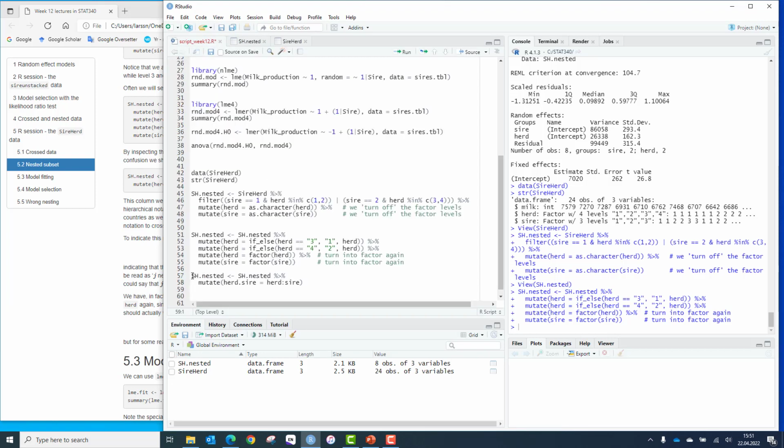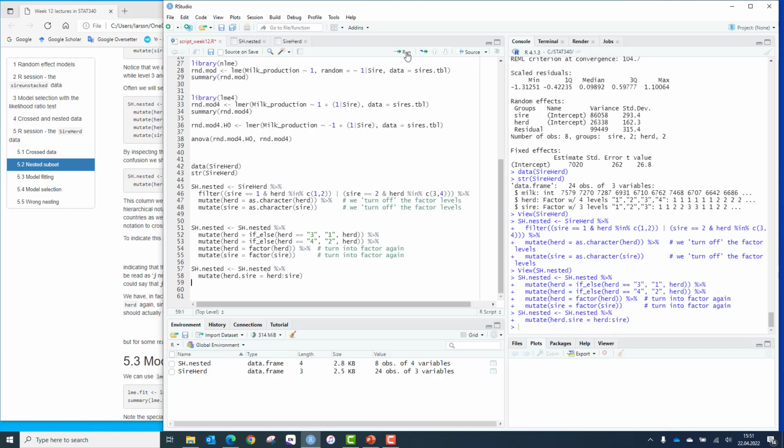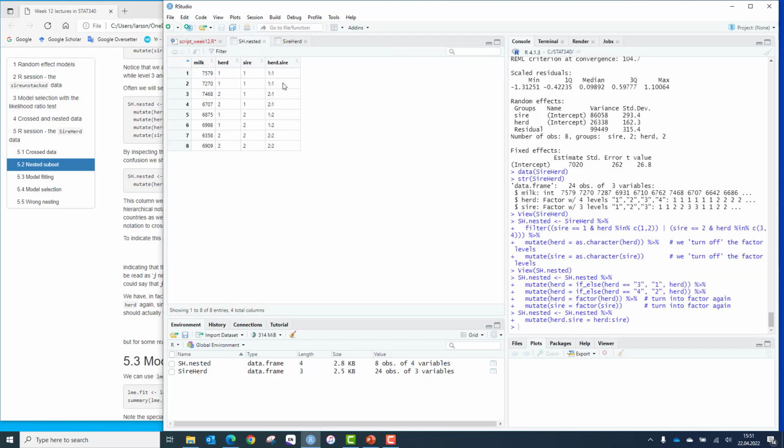Okay, so let's have a look at this. I must run this code first, of course, like that, and then we can inspect our table. Actually, if this were my data table, I would replace this column here by this column here, because this column here is only confusing. This is the herd information.